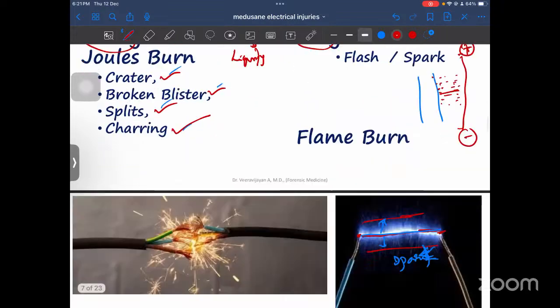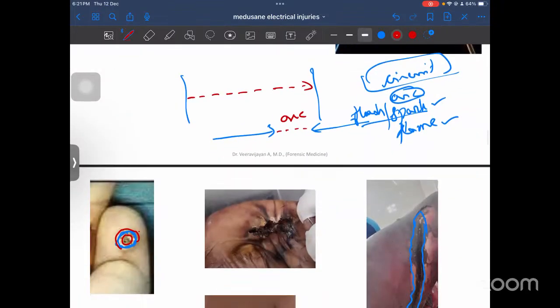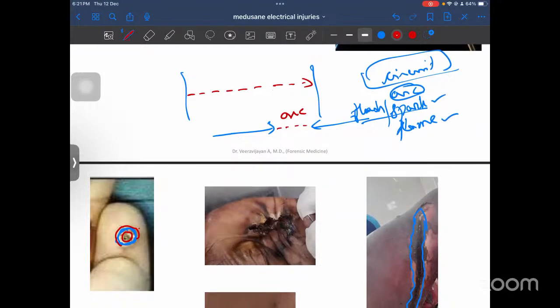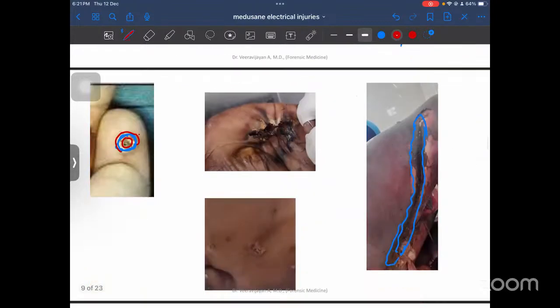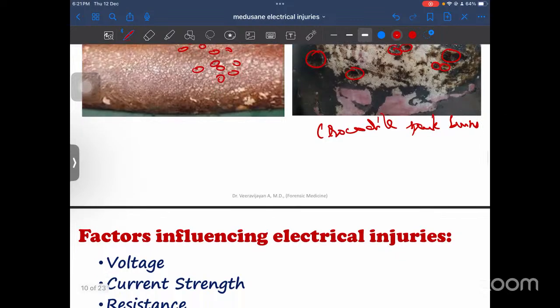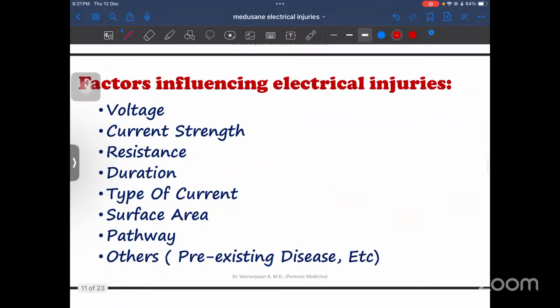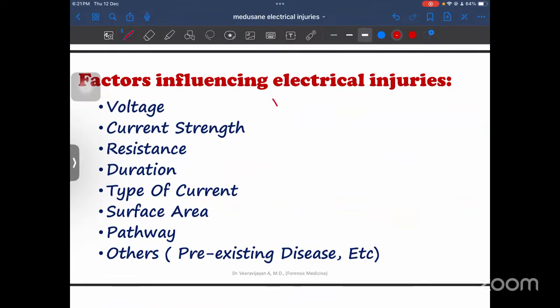Clear? Then we have to know some factors which decide the severity of these injuries. For this, we have to know Ohm's law and Joule's law. Ohm's law is V equals IR. Joule's law: Q, the heat produced, equals I squared RT. After substituting this value, we can remember these factors.